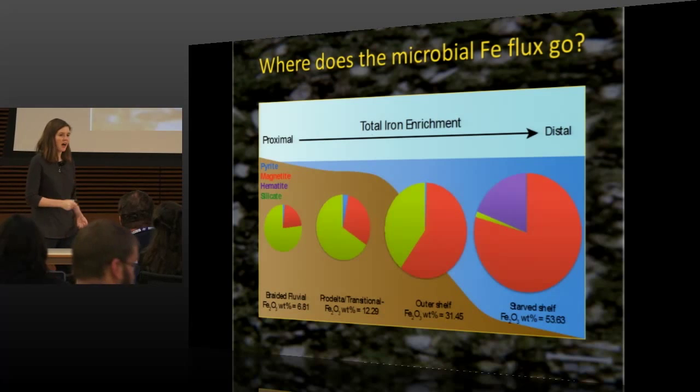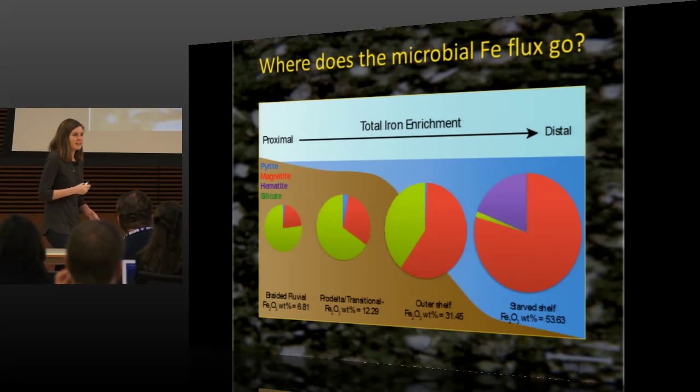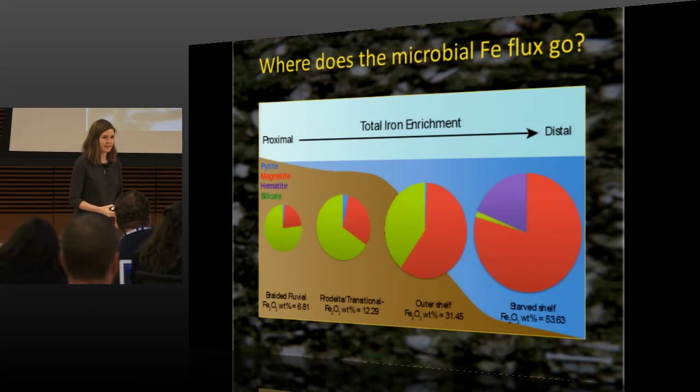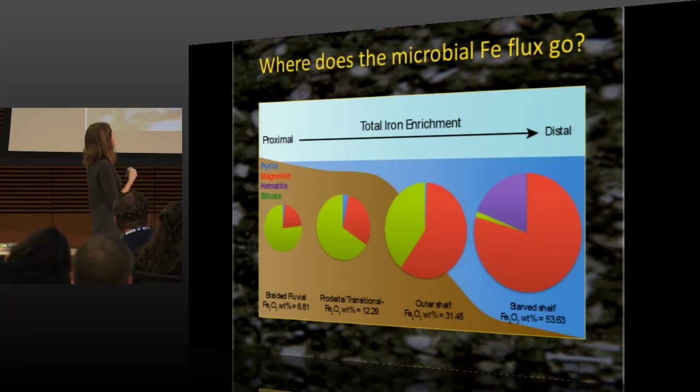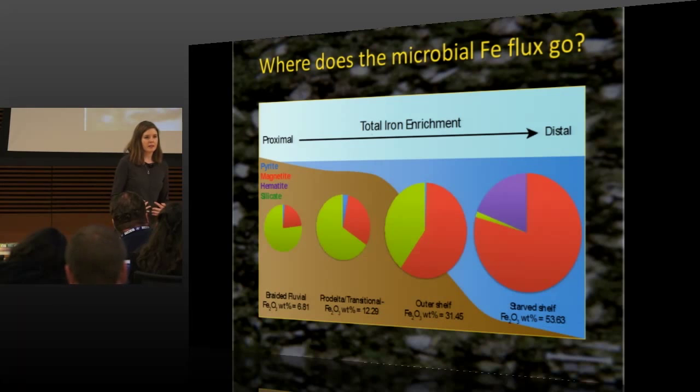But it's not just iron that's being enriched. This trend also holds for manganese. Manganese is increasing as we go from the proximal to the distal part of the basin. And another previous study on the banded iron formations of the starved shelf of these rocks found that manganese was anomalously enriched compared to all other banded iron formations of the Archean.